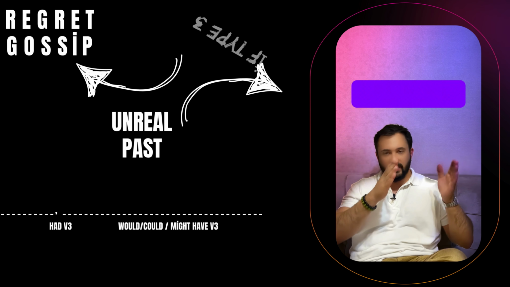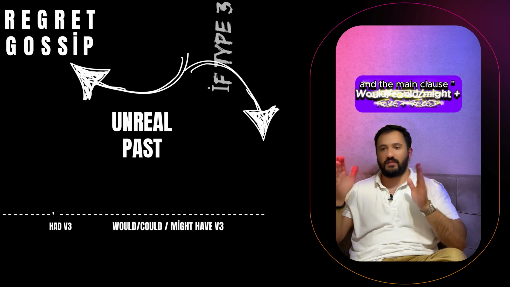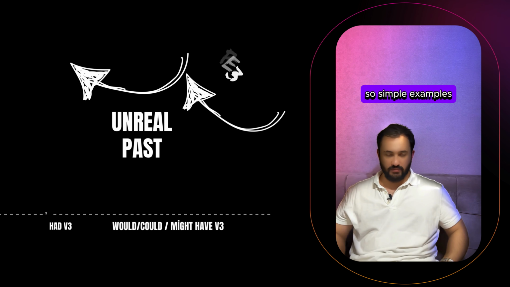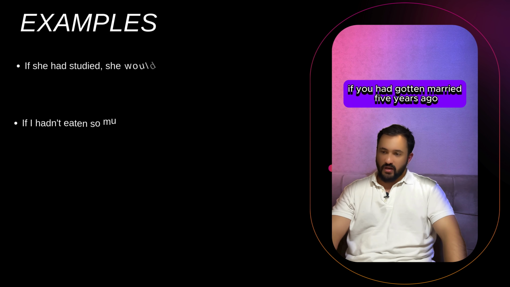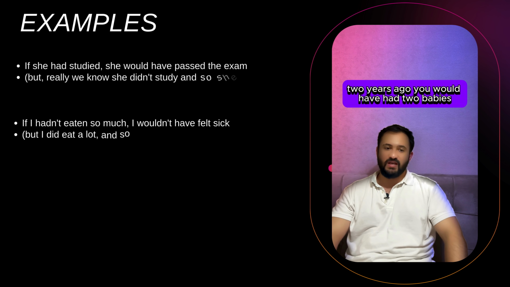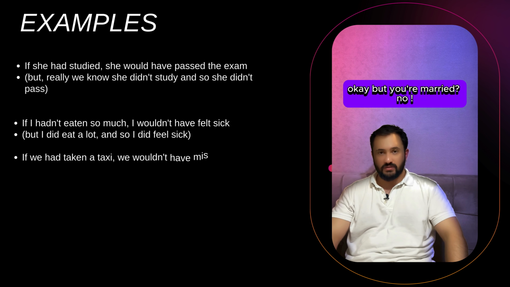The structure is very basic. The if clause is with had plus verb 3, which means past perfect tense, and the main clause is would, could, might have plus verb 3. It means perfect modals. So let's start with simple examples. If you had gotten married 5 years ago, you would have had 2 babies. But are you married?